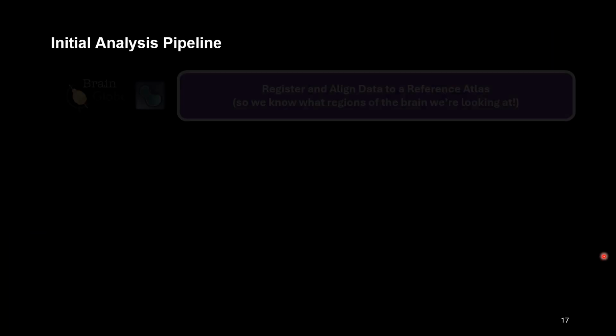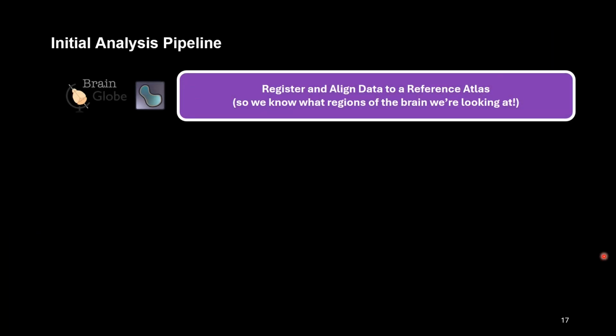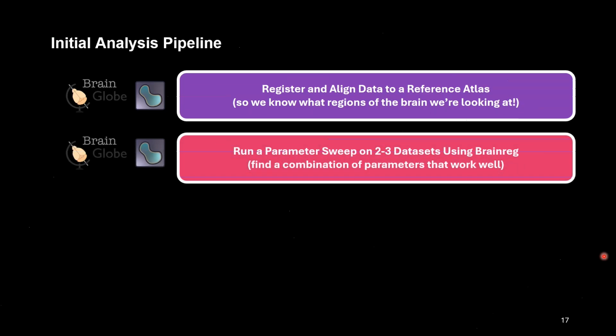So now just to summarize what our initial analysis pipeline looked like. We first registered and aligned our data to a reference atlas using BrainReg and Napari, so we know what regions of the brain we're looking at. Next, when we were analysing the rest of the data set, we wanted to run a parameter sweep on 2 or 3 data sets just to see if we could find what parameter combinations seemed to work well between them.